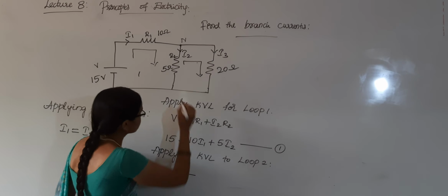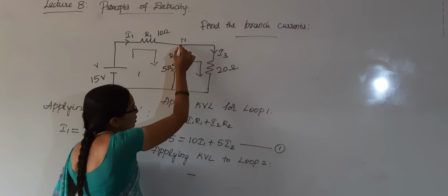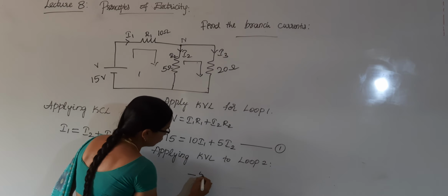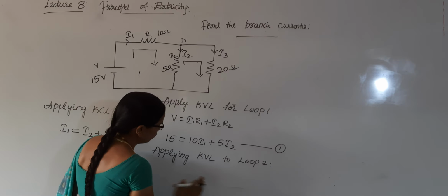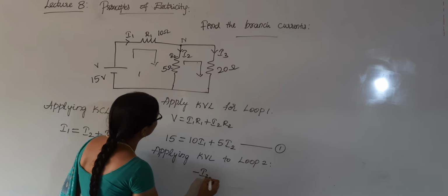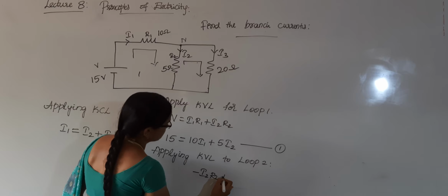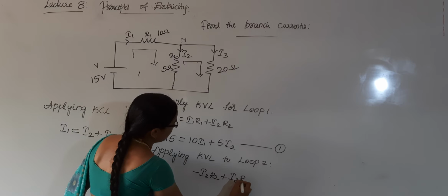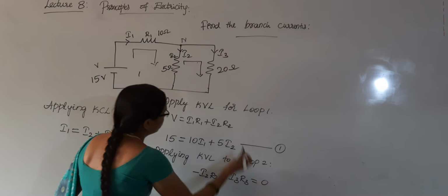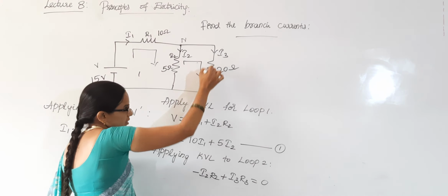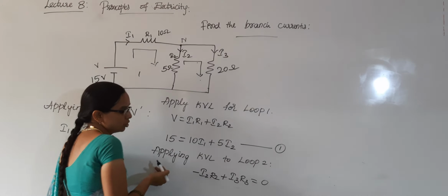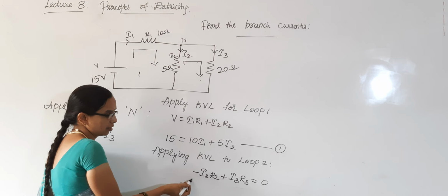Direction is okay. So minus, we are moving in this direction, so minus 5 I2. If you want, I will write the formula: minus I2 R2 plus I3 R3 is equal to 0, because there are no EMFs in this loop. I3 is in the same direction, but I2 is opposite to us, so I have taken the minus sign here.